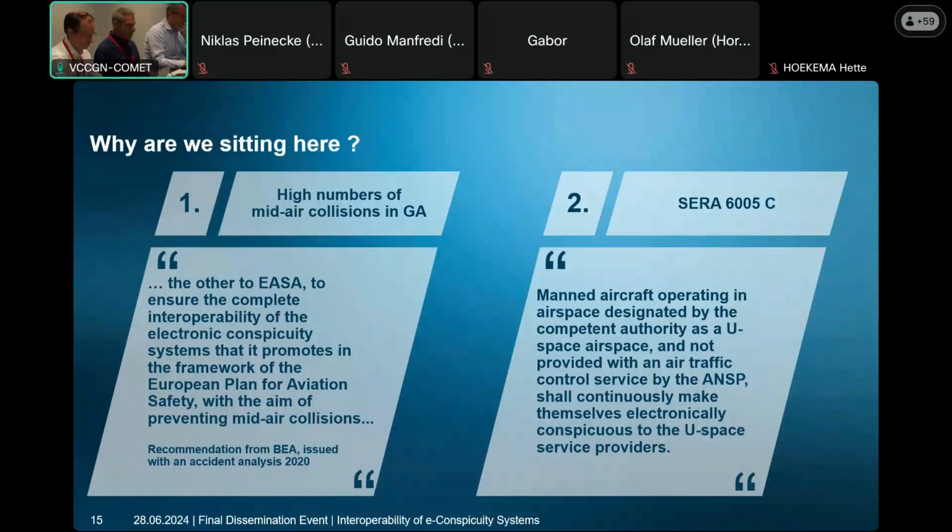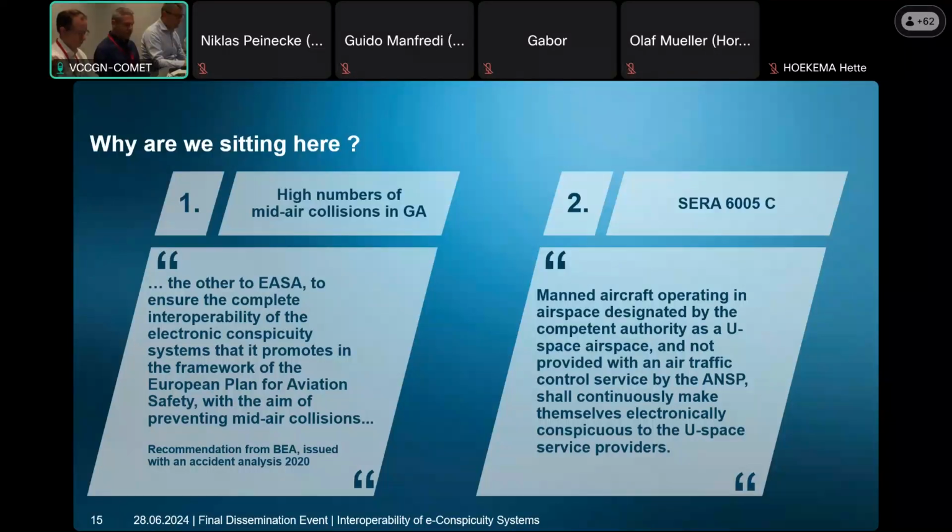So why are we sitting here? Lauro told us already some things. So there are 2 reasons. One reason is the high number of collisions, mid-air collisions in general aviation. And I quoted here something from a recommendation from an EASA accident analysis from 2020. It requests us to complete the interoperability of electronic conspicuity systems to prevent those accidents.